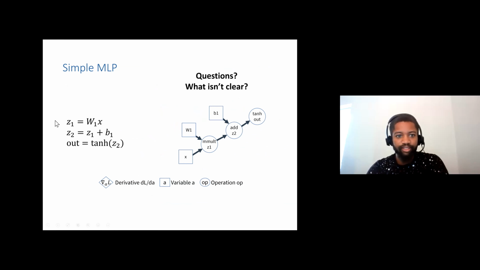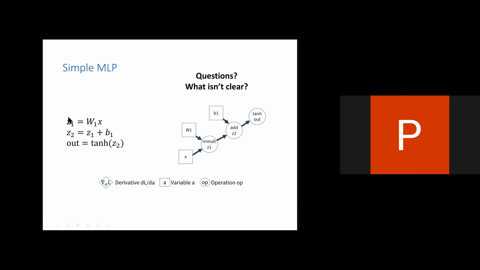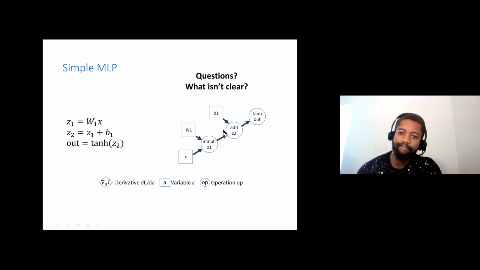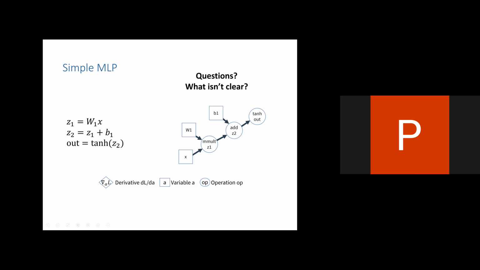So for here, Z1 is equal to W1x, and Z2 is Z1 plus B1. If you'd called backward on Z1, then you have all of these gradients. Would we store them somewhere so that the next time you call backward on Z2, it would use what we've already previously calculated?